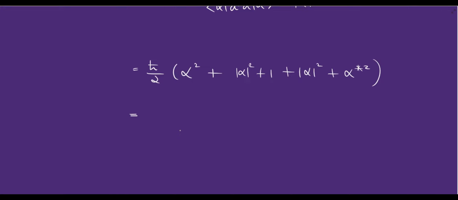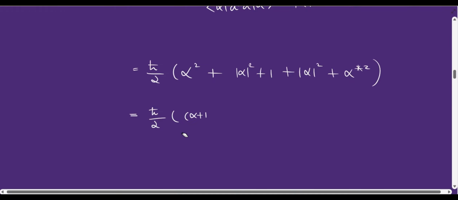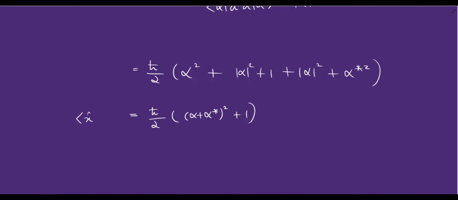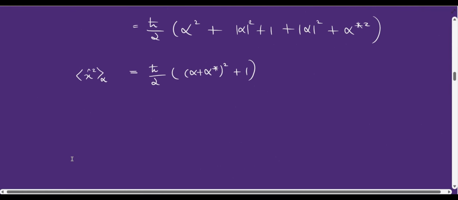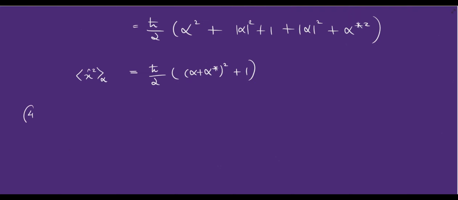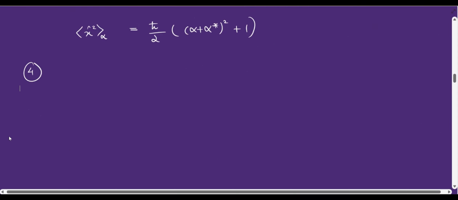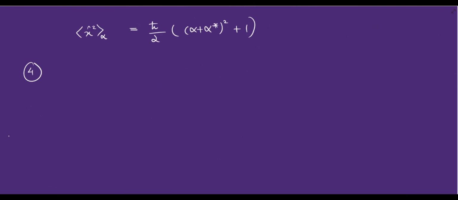Now I can write this as alpha plus alpha star, whole squared, plus 1. So this is the expectation value of x cap squared for the alpha state.